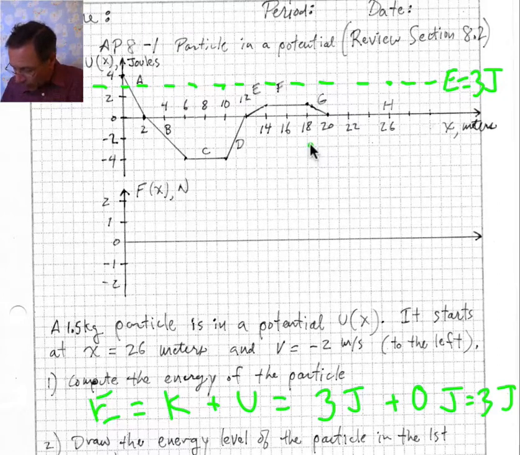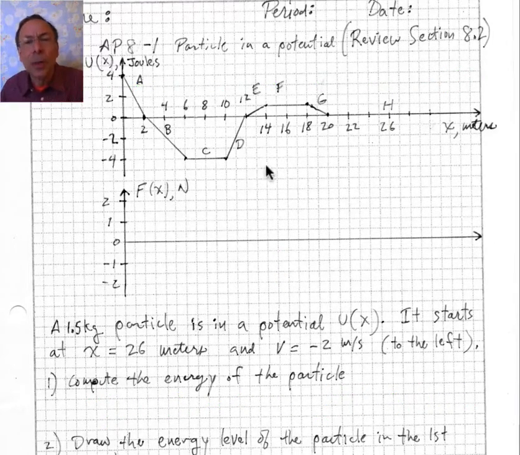All right. Now that we've drawn that, let's move on to number 3. Compute K, the kinetic energy, in region F. What is the kinetic energy here? There's definitely a trick that you need to understand about this.